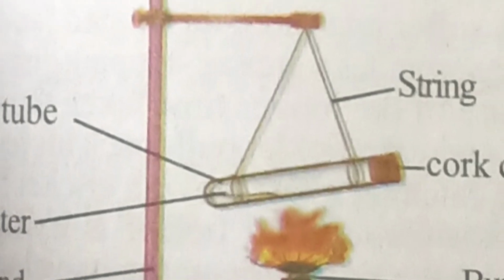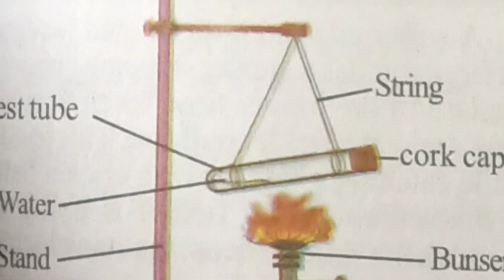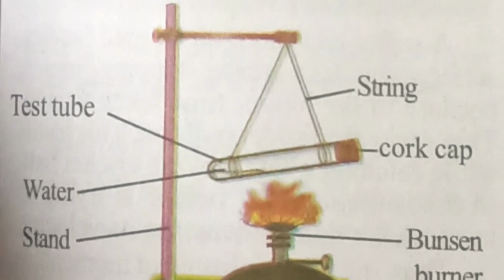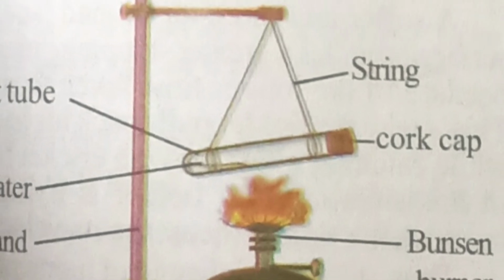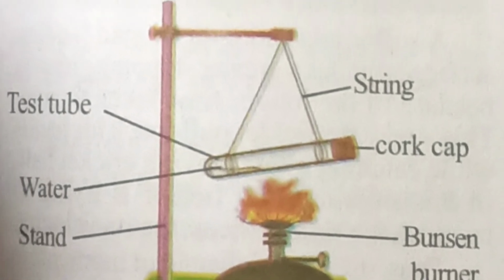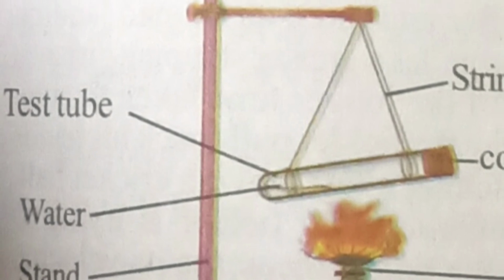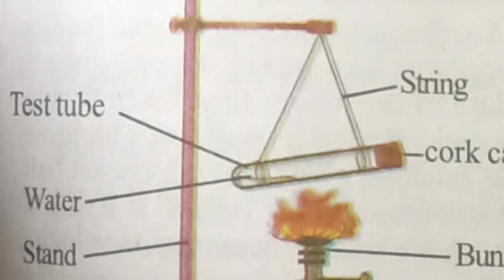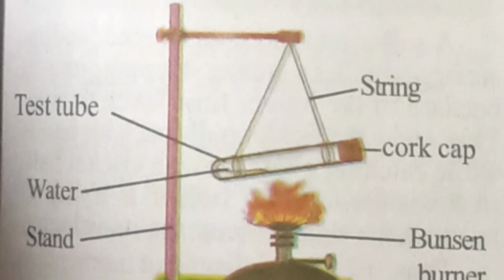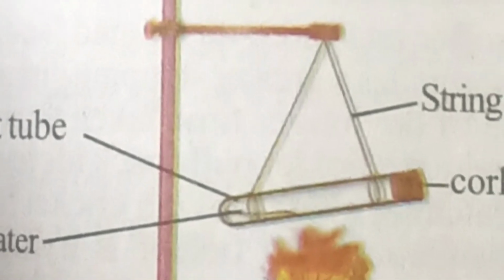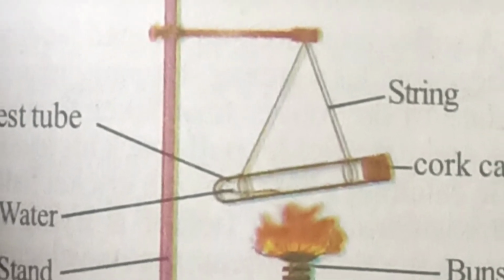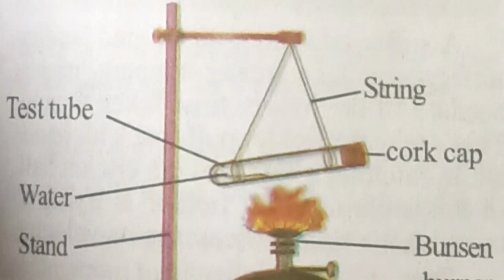Now heat the test tube until the water completely vaporizes and the rubber cork cap blows out, and observe the movement of the cap and the test tube. You can observe that the cork moves in the forward direction and the test tube moves in the backward direction. So this activity also proves Newton's third law of motion.